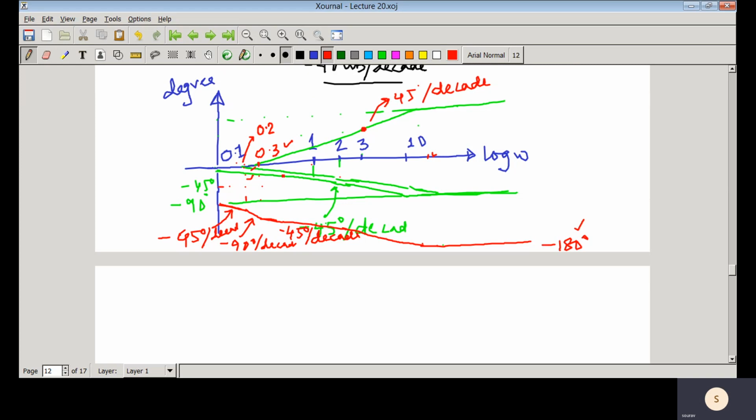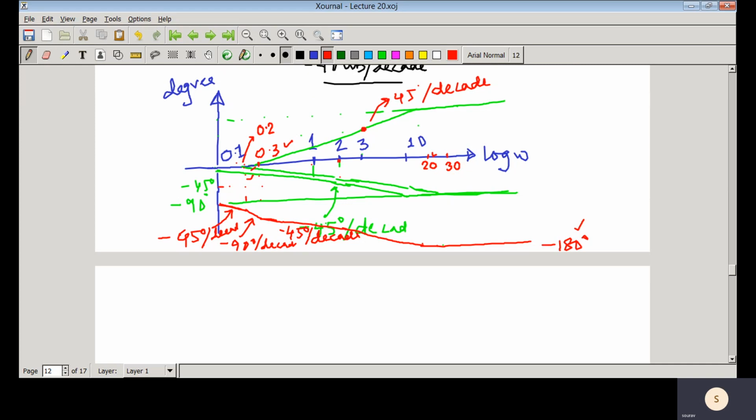It is not, because one decade after these two would be 20, and the other frequency one decade above would be 30. I said it is 11 and 13, so please ignore that. So this is 20 and 30.